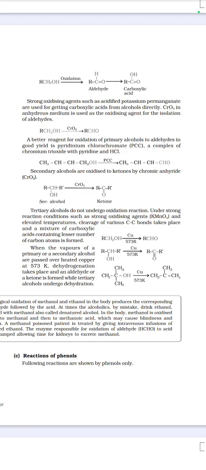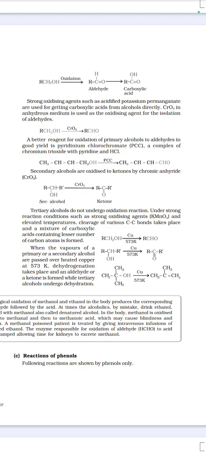Secondary alcohols are oxidized to ketones by chromic anhydride, CrO3. Tertiary alcohols do not undergo oxidation reaction. Under strong reaction conditions such as strong oxidizing agent and elevated temperature, cleavage of various C-C bonds takes place and a mixture of carboxylic acids containing a lesser number of carbon atoms is formed.